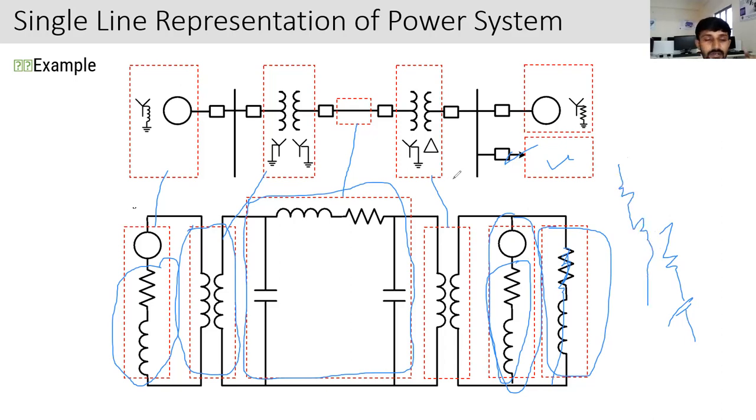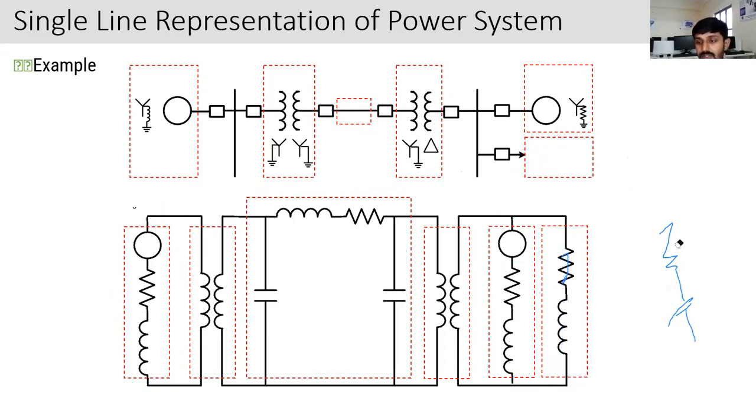It is easy to understand the behavior of the load. This is the single line diagram of one phase. This is just an example. We will see many more examples in the next sessions, so you will have more idea about single line representations.